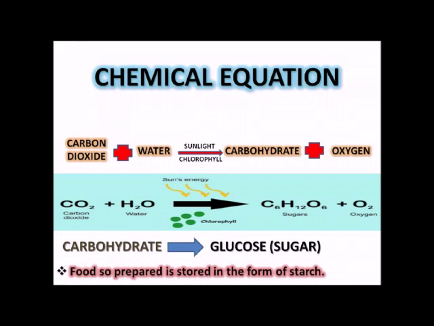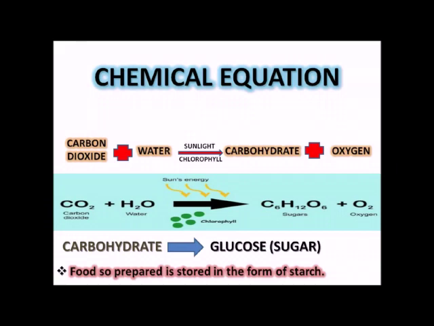So basically, if you write it down like a chemical equation, it will be carbon dioxide plus water, in the presence of sunlight and chlorophyll, forms carbohydrates. The simplest carbohydrate is glucose, which is C6H12O6, plus it also produces oxygen. So this is the reaction that takes place during photosynthesis.